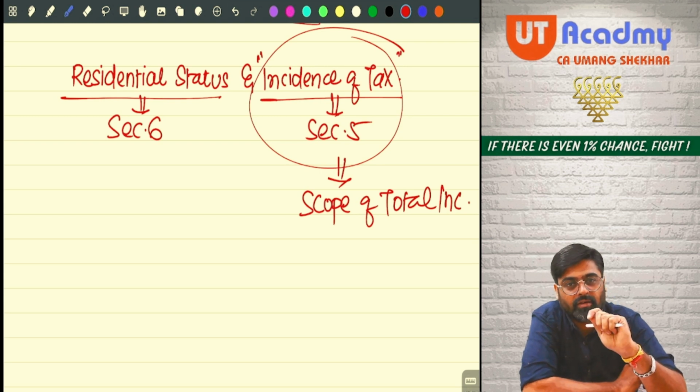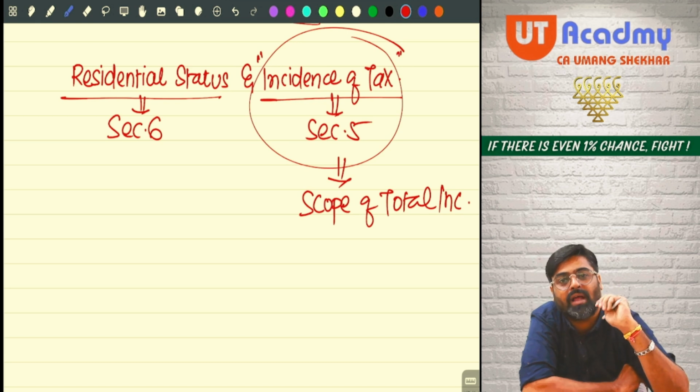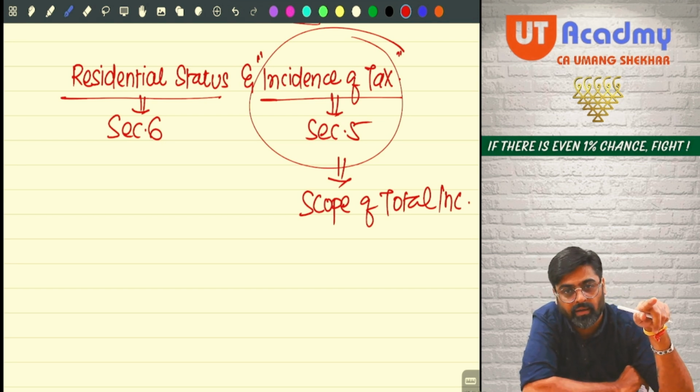For example, I am working in some company and that company is paying me salary. So that company is the source of my salary income. Can I work in 2 companies in the previous year? Yes, I can work in 2 companies also to get salary income. So how many sources of income do I have now?